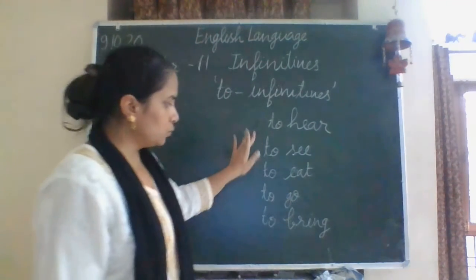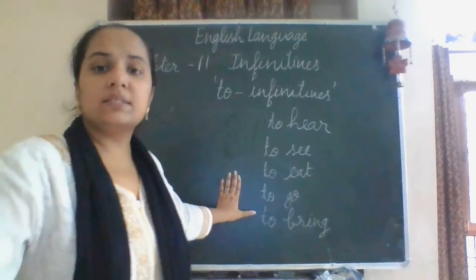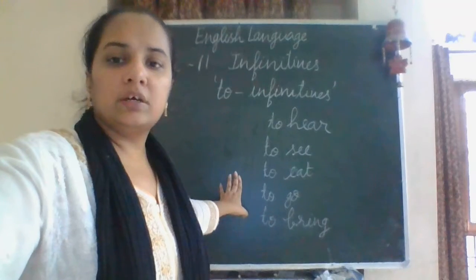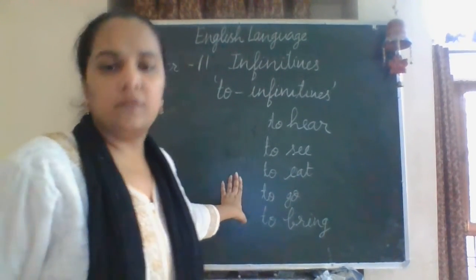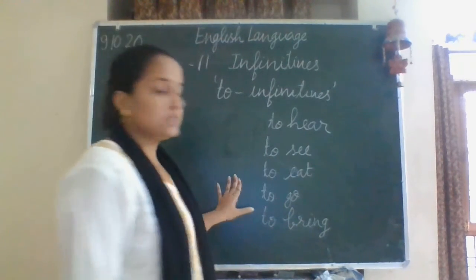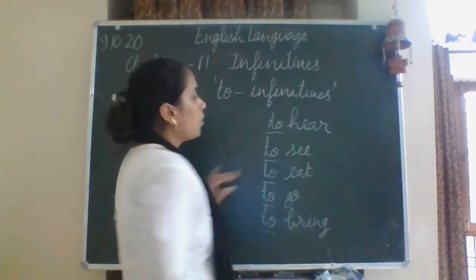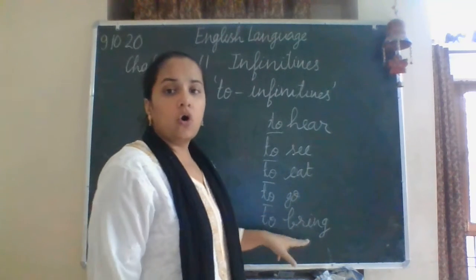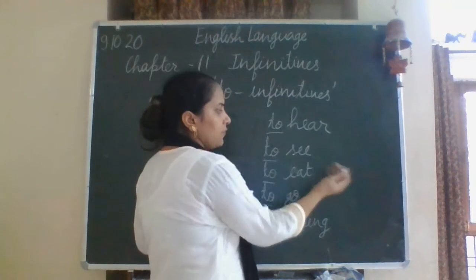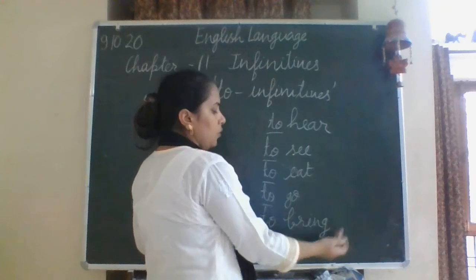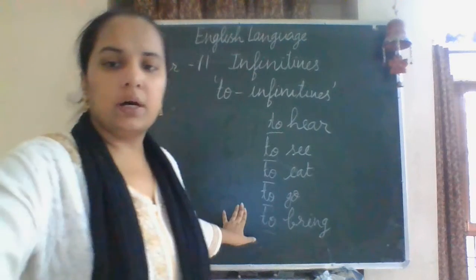Whenever we are using the verb in this way, these are known as the infinitives, or to be specific, these are the to infinitives. Here you can see everywhere I have written to, and all these verbs are in the base form: see, eat, go, bring. All these are the base form of the verb.